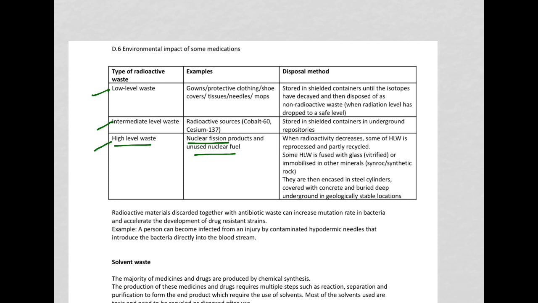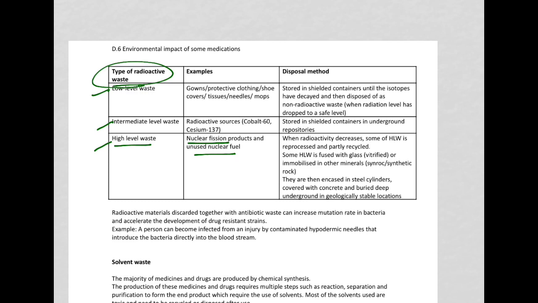Now, during the process, any object that comes in contact with these radioactive isotopes becomes radioactive. This includes syringes, disposable gloves, bedding, or any absorbent material such as cotton swabs. All these will become radioactive, and these substances result in radioactive waste.